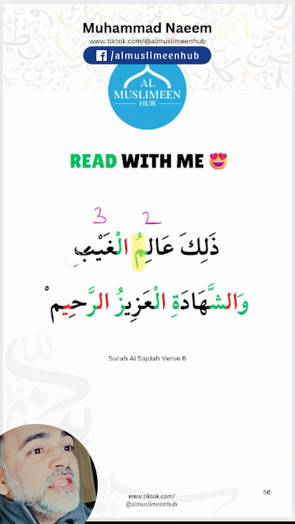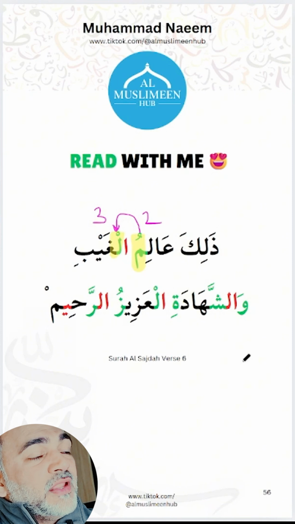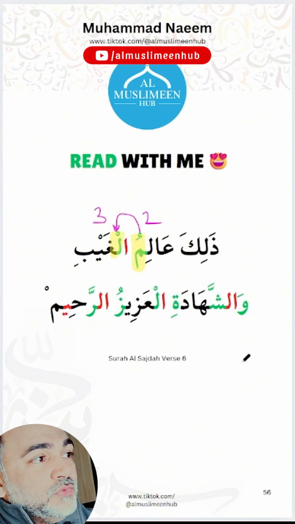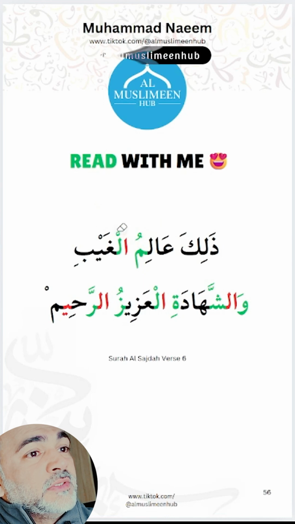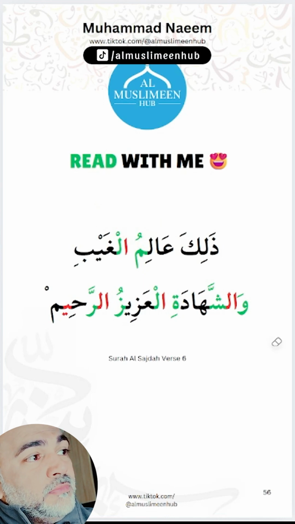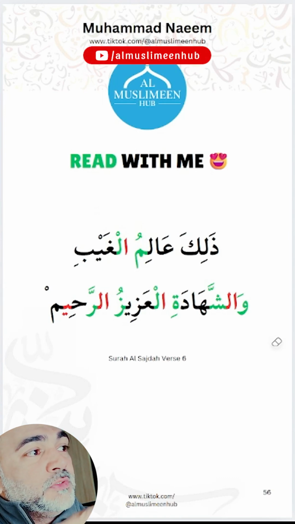So it finds lam here is having sukoon. So now you have to connect meme with lam, and read it as aalimul ghaibi. That's why I made the meme and the lam green, so you know that it needs to connect. There's a bridge you need to make from meme to lam.